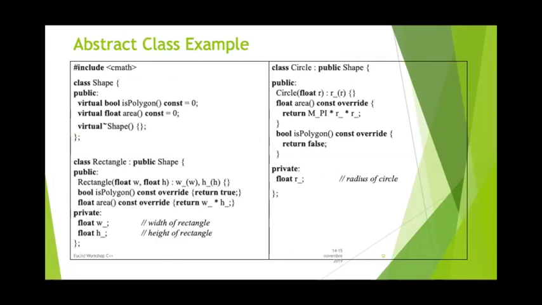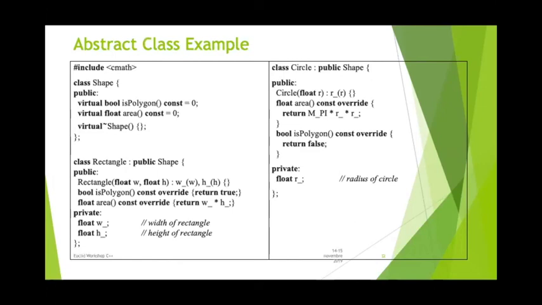So here we have class Shape, which is an abstract class. And now we are inheriting Rectangle from Shape. Here I have defined one function just to check whether it is a polygon or not. So it's virtual bool isPolygon, const, equals 0, because it is not going to change.